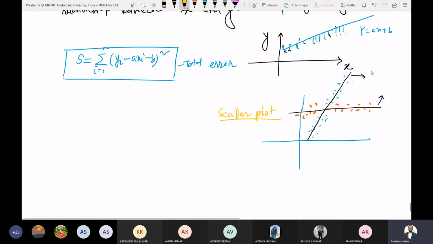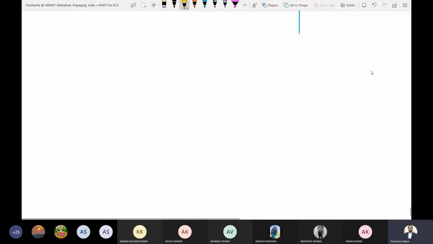So how do we measure the correlation between x and y? That is measured by this number r_xy, called the correlation coefficient between x and y.